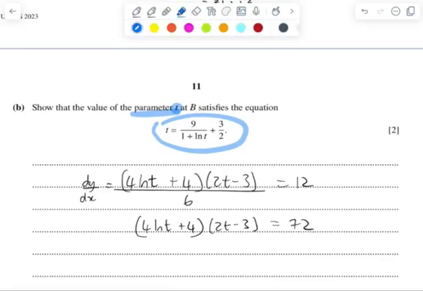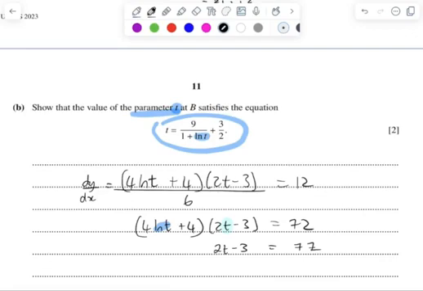Okay, so my thinking process here is I can see I've got a ln t that's at the bottom of my equation. So that's not going to be the t that's the subject of my formula. So my subject of my formula is most likely going to be this t over here. Okay, so if I just start by saying 2t minus 3 is 72.